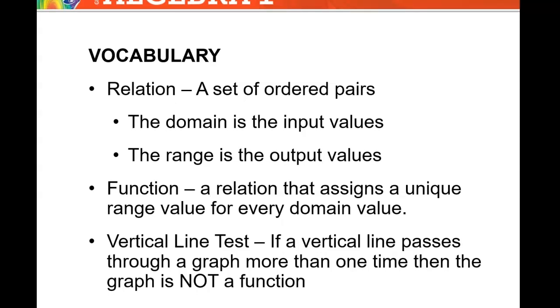A function is part of a relation. So what is a relation? A relation is a set of ordered pairs. The domain is the input where the range is the output. Typically in math, we say the domain is the x and the range is the y. The domain is read left to right, the range is read up and down.